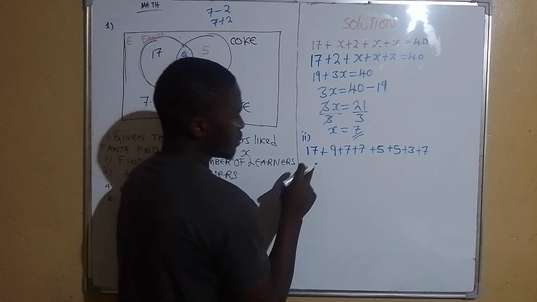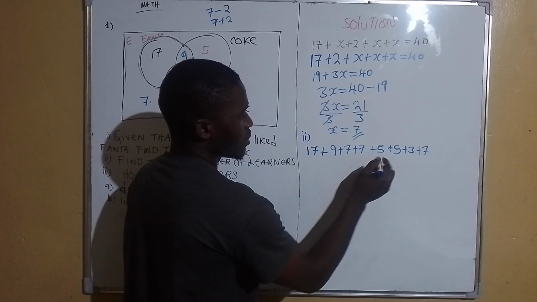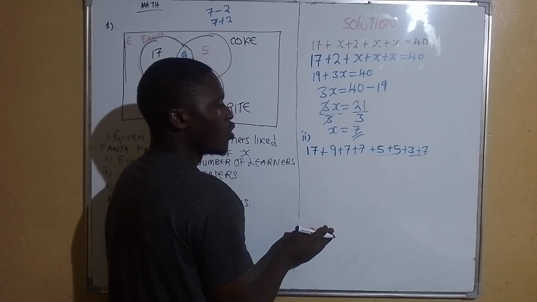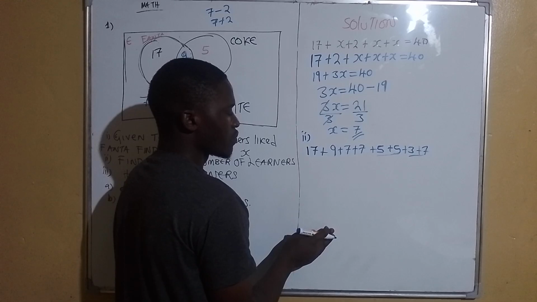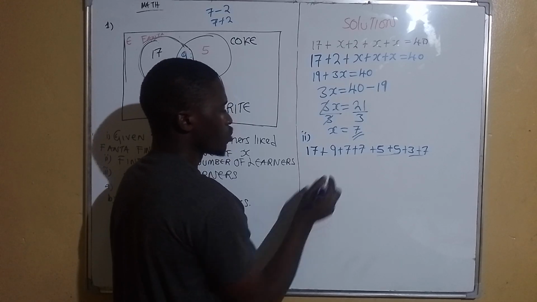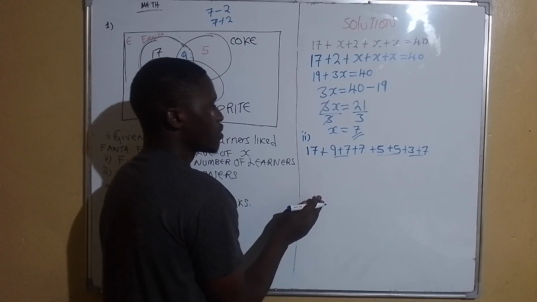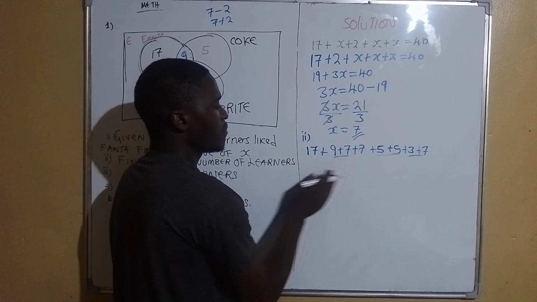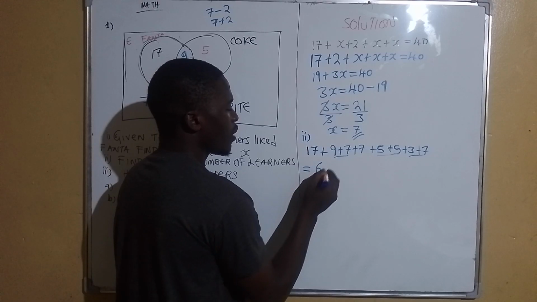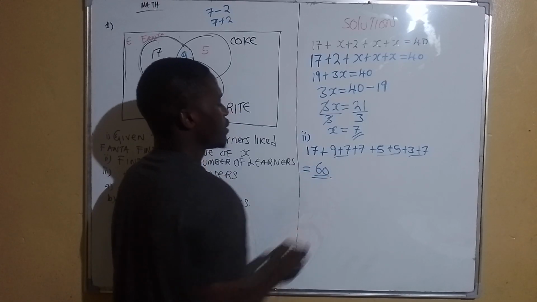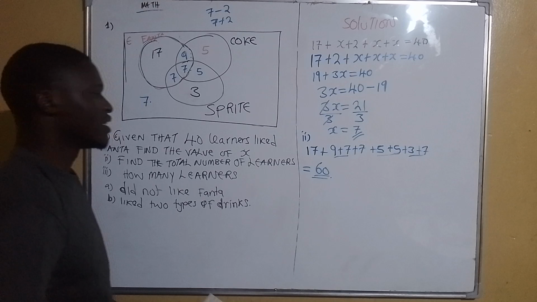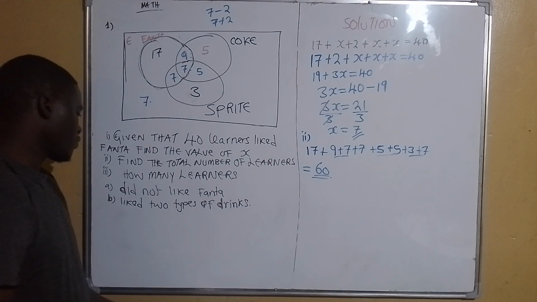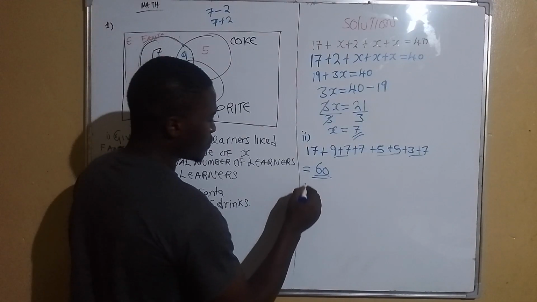If you add this, this is 10, this is 10, giving you 20. So this one will give you 16, plus 7 plus 17, we are going to have our answer to be 60. So the total number of learners in this class was 60. Hope that is clear. We move to number 3.